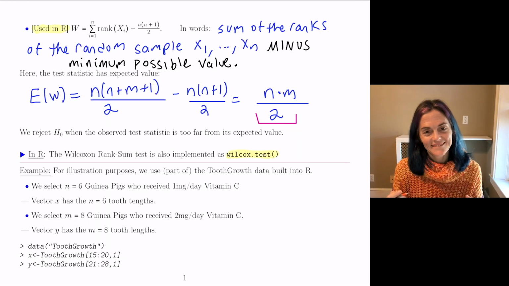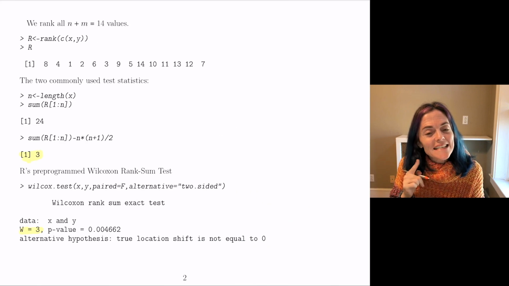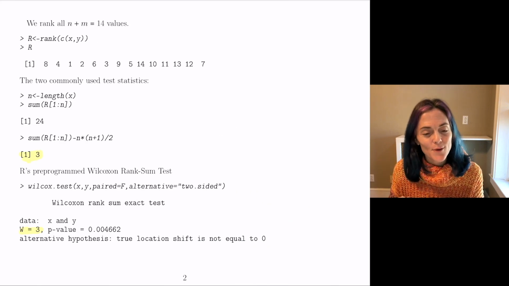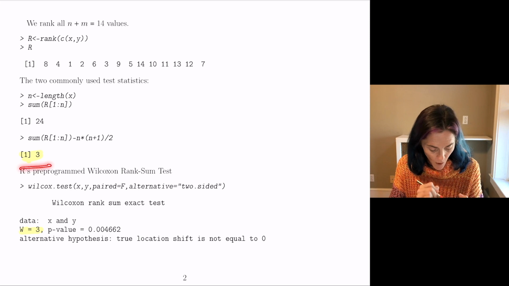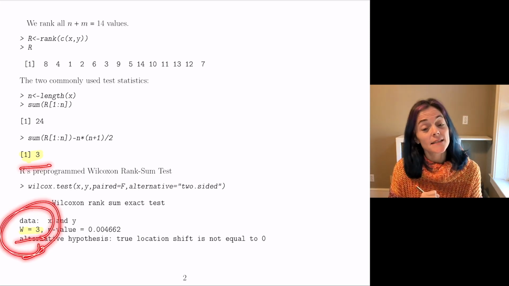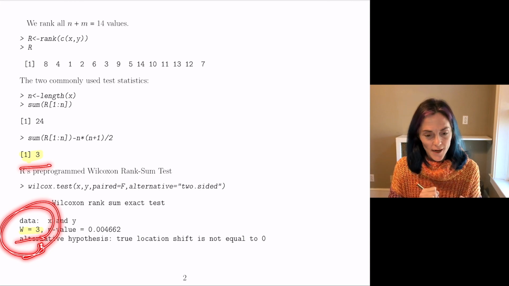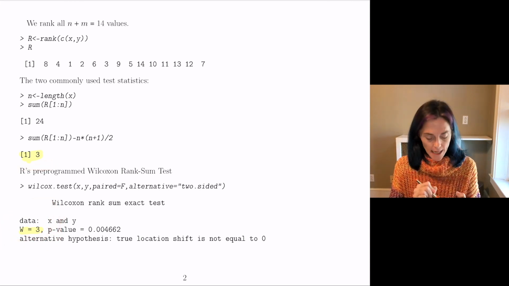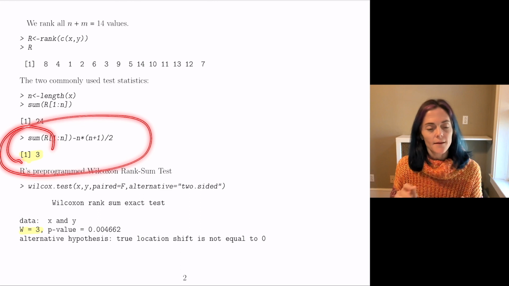All right. Well, let me just forward through this example. This is what we just calculated, noticing that the test statistic R is reporting with the wilcox.test is this one.